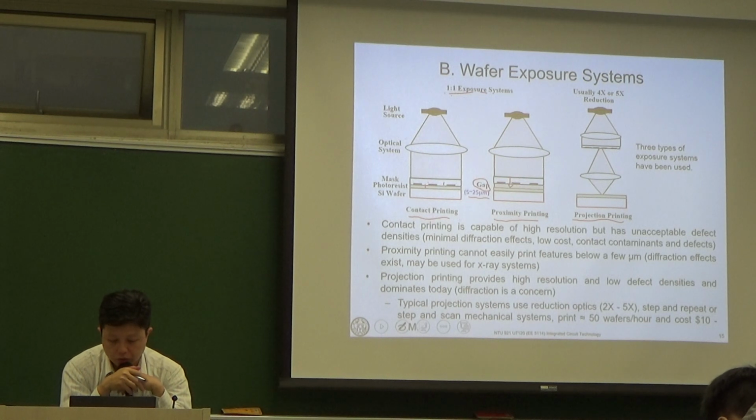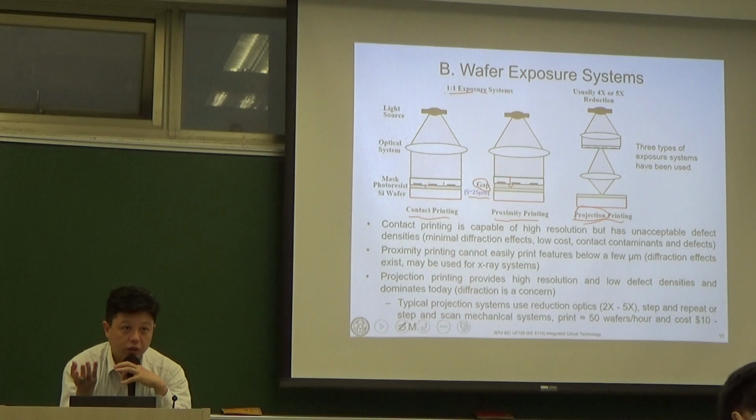And the third one, we call projection, which means you project the patterns using some optics onto your silicon wafers. This one can give you high resolution like the one you get from the contact printing systems. And also, like we mentioned before, we use a pellicle to protect our mask, so relatively they can tolerate some defects.